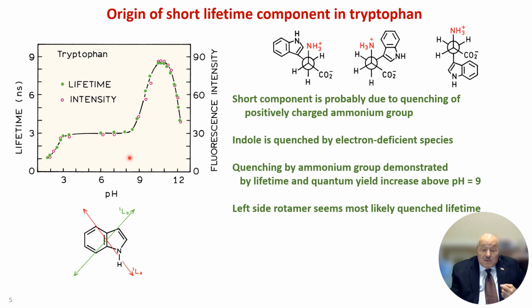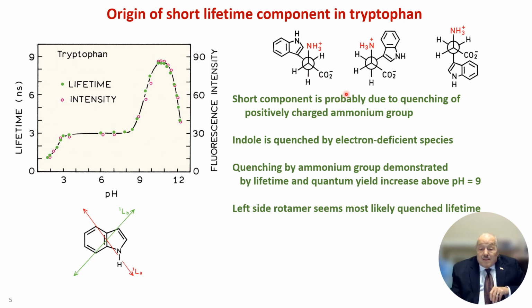Well, there's a rise in intensity right around pH 8 or so. This is just the region where you are deprotonating the amino group on tryptophan, and when you deprotonate that amino group, it's no longer able to donate a proton, and as you know, indole is an electron deficient species, so it would like to pick up that proton.